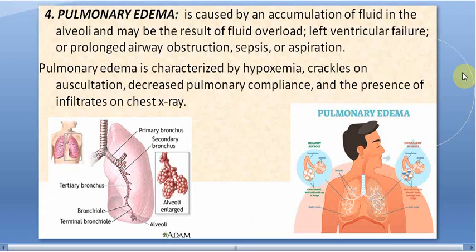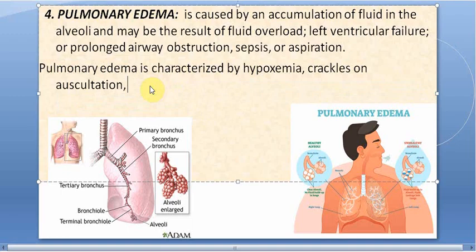Particularly it may result in ventricular failure, and it may be caused by sepsis, aspiration, airway obstruction and so on. Pulmonary edema is usually characterized by abnormal breath sounds like crackles on auscultation, and an anxious face is also seen in the patient.